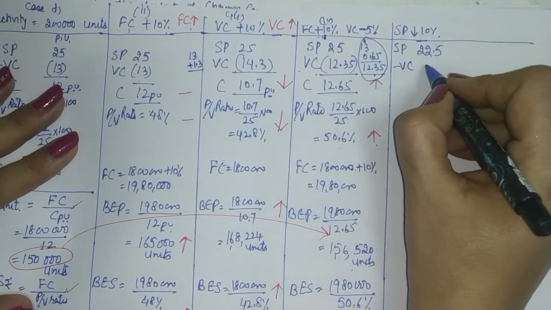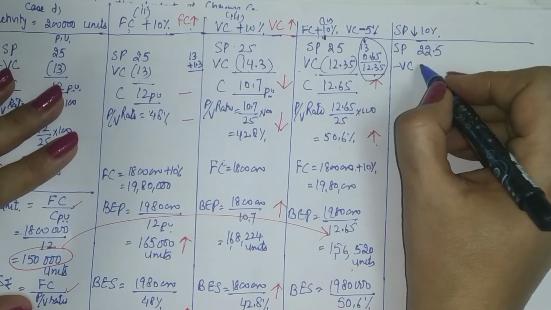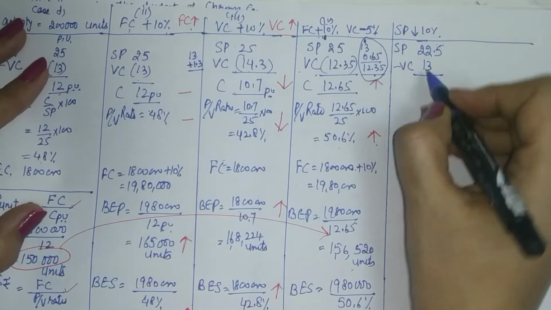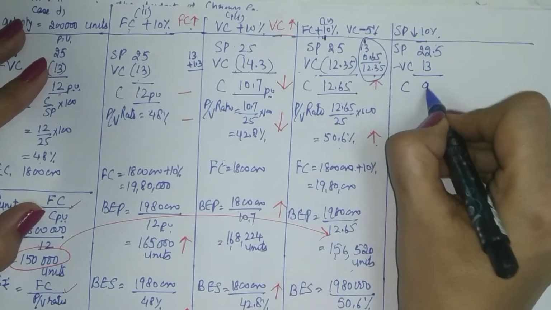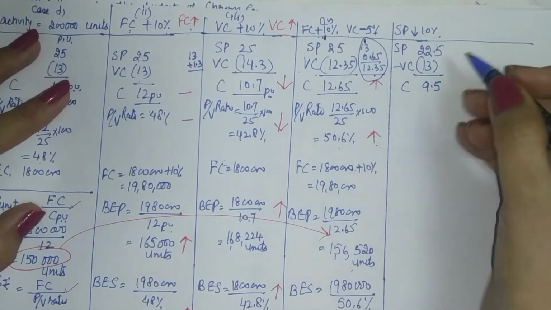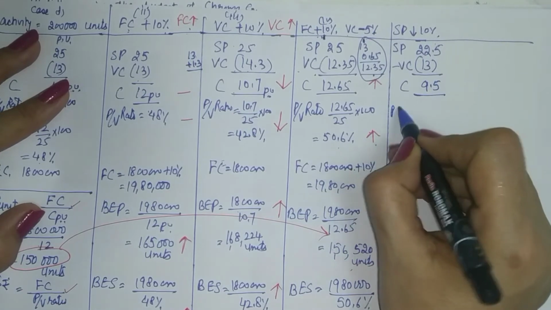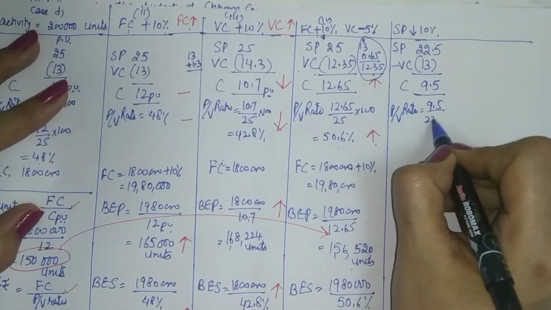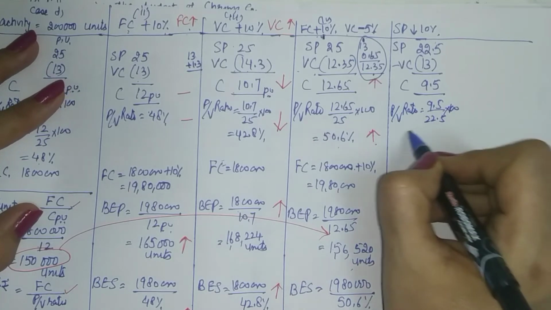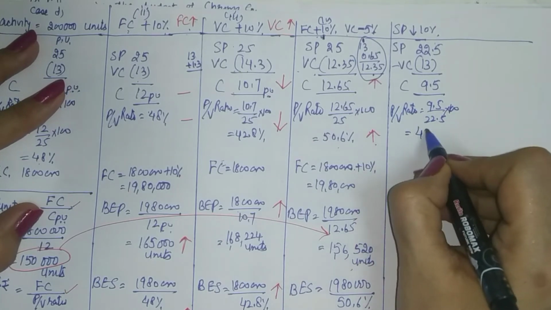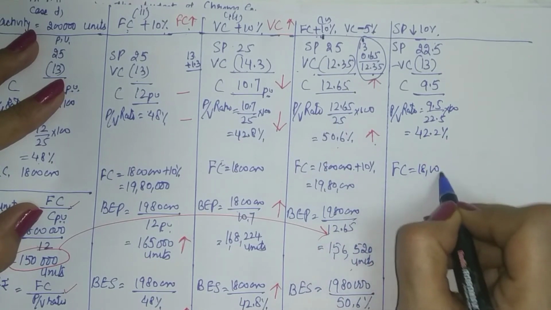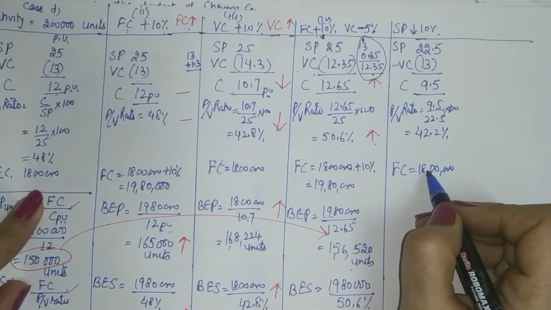Less variable cost, because there is no change in the cost here, so we'll take up the original cost. So your contribution is 9.5, right? So your PV ratio is 9.5 upon 22.5 into 100, that is 42.2%. Fixed cost is the same because we are taking information from the original case.